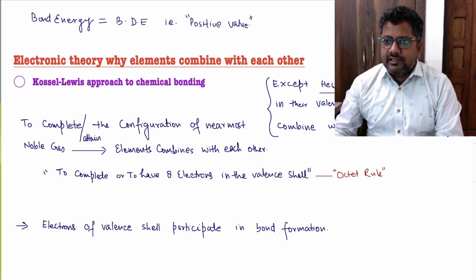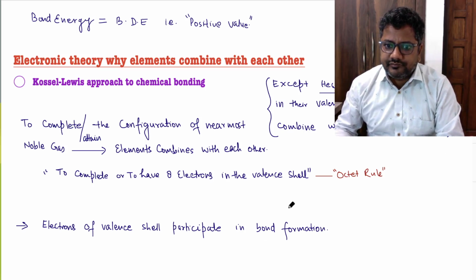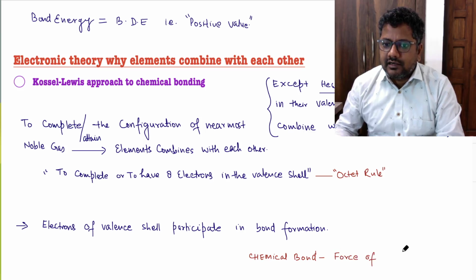Bond formation. What is a chemical bond? Basically, a chemical bond is a force of attraction between two atoms.